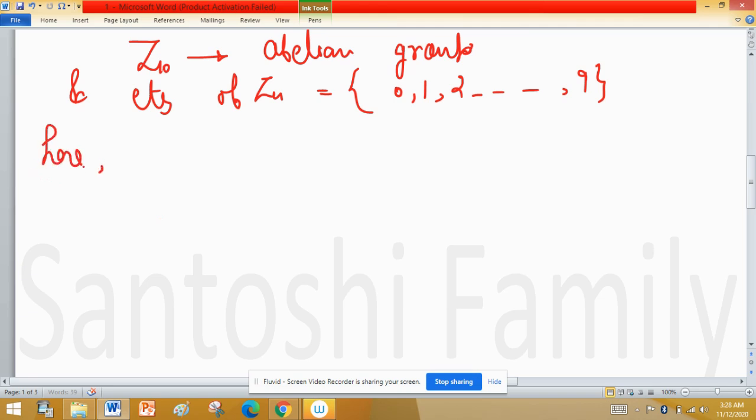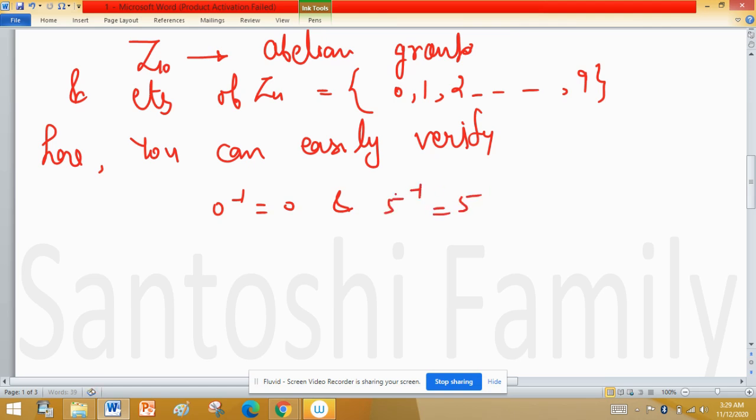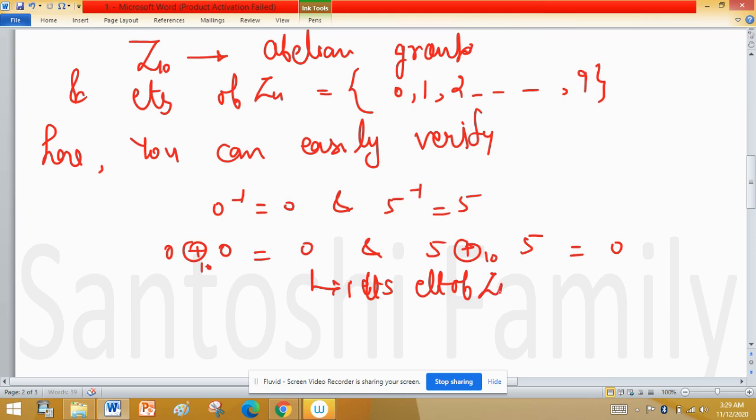Here you can easily verify 0 inverse equal to 0 and 5 inverse equal to 5, because 0 addition modulo 10 0 equal to 0 and 5 addition modulo 10 5 equal to also 0, and 0 is the identity element of Zn.